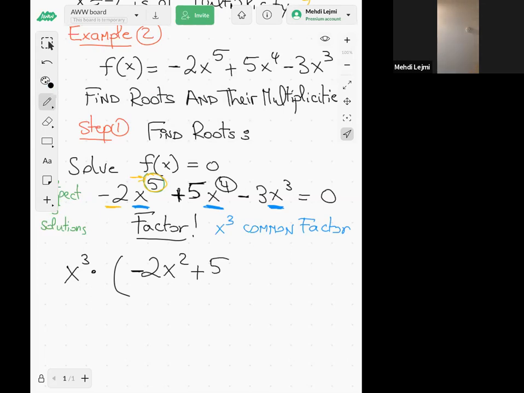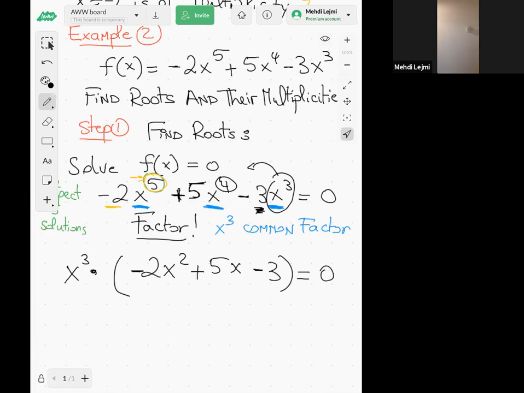This is power 4, so you subtract 3, so you are left with 5x to the power 1. And finally, if you pull out this x cubed, you are left with this negative 3. So it's minus 3 here, equal to 0.